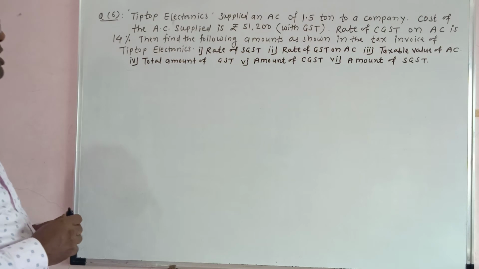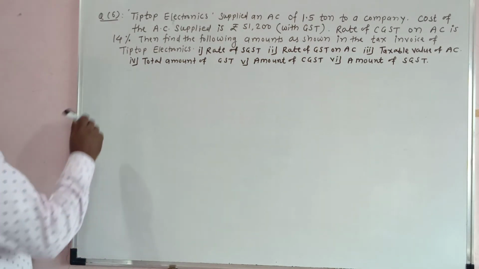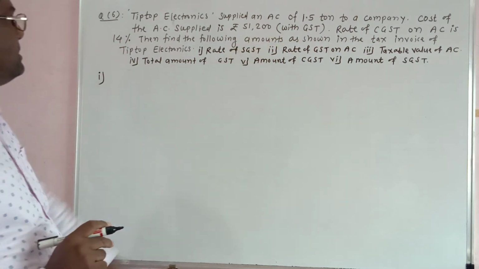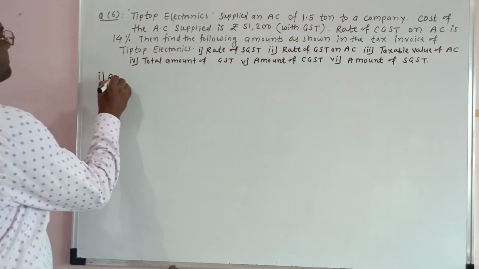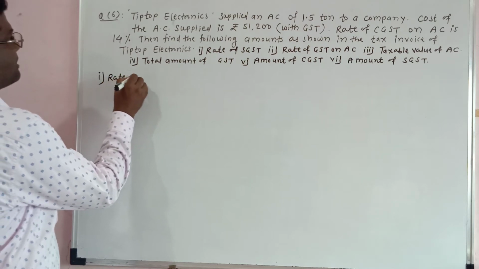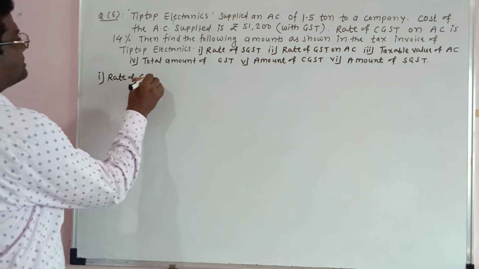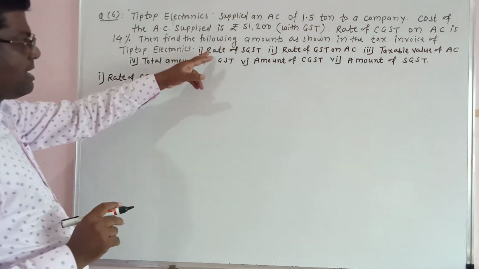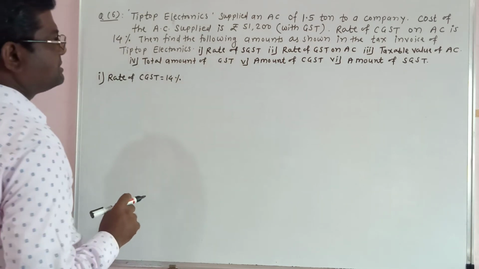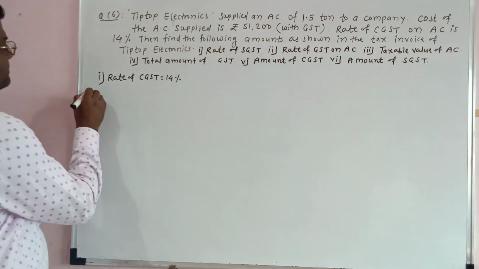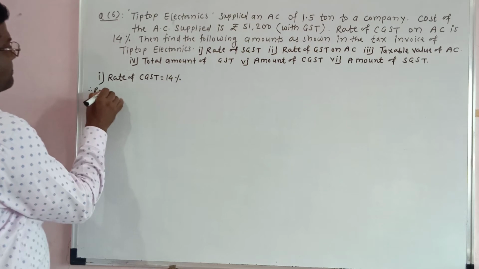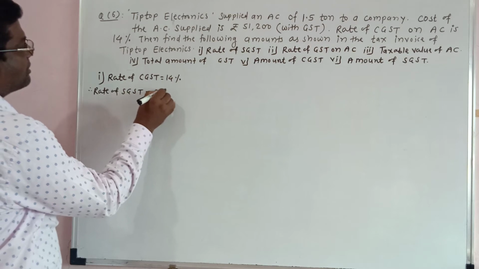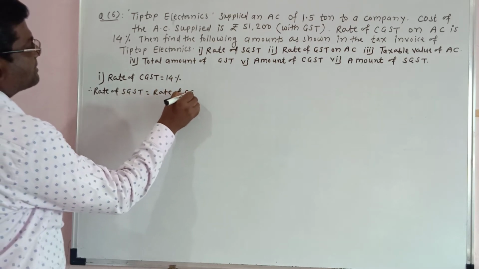Number 1, rate of SGST. We have been given the rate of CGST as 14%, and the rate of SGST is to be found out. The rate of SGST is equal to the rate of CGST.